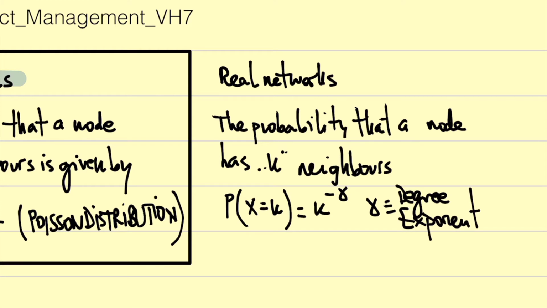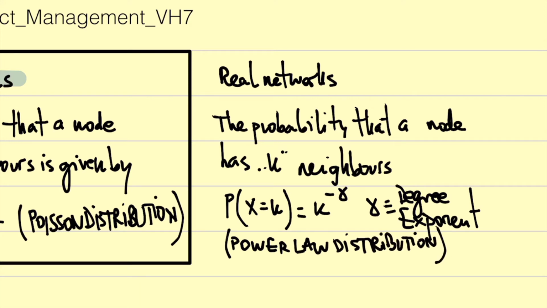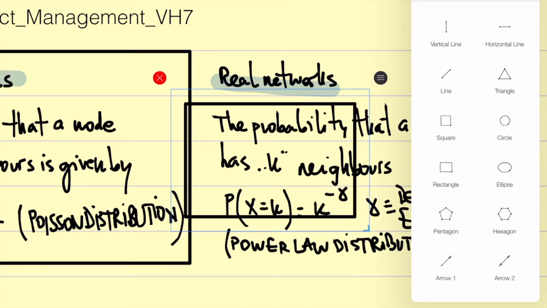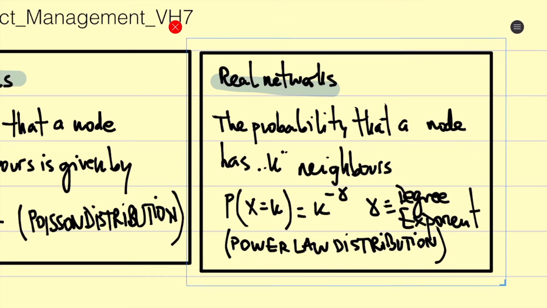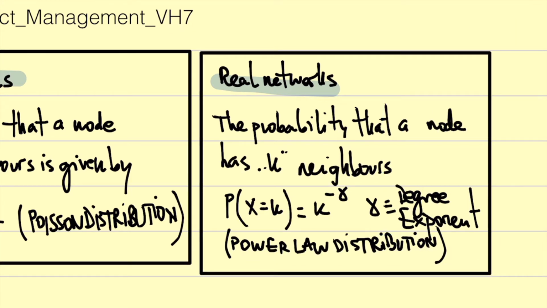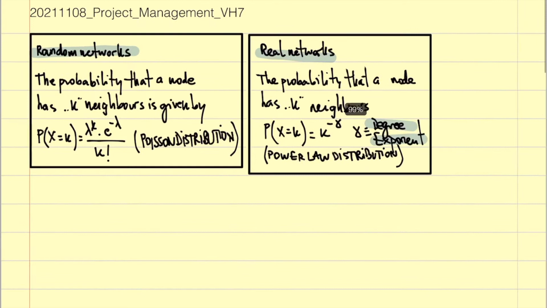And this is what we call a power law distribution. It's not a Poisson law, it's a power law, because it's to the power of gamma. The important factor gamma is going to be crucial in today's lecture.